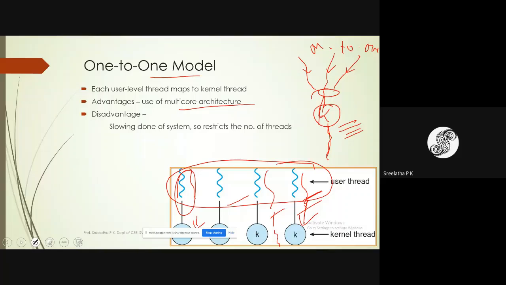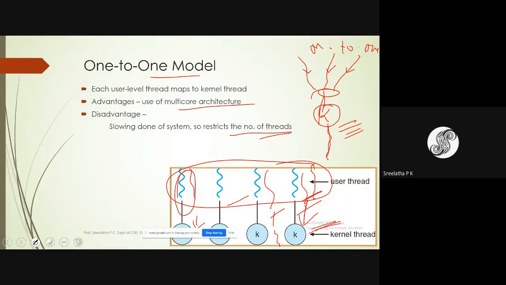Disadvantage: what are the disadvantages? It slows down the system, because as many user threads are there, that many kernel threads must also be created. Much space is occupied. As there is no restriction on the number of kernel threads created, when one user thread is created, its kernel thread is immediately created.